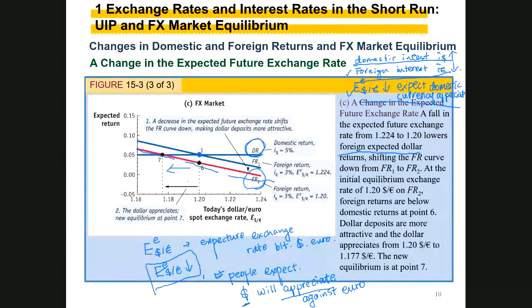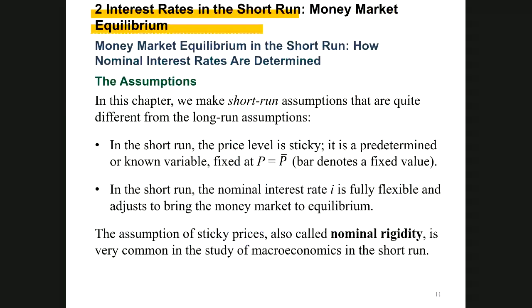And the rest of the work is just the calculation. Calculation of the equilibrium shouldn't be hard here, right? You just plug in DR equal to FR and then find out the spot exchange rate. Use the algebra. That's it. Okay, hope that's clear. That's the first part of today.